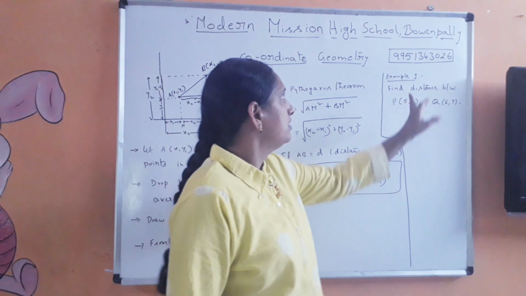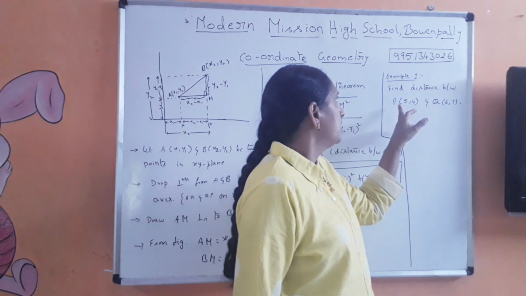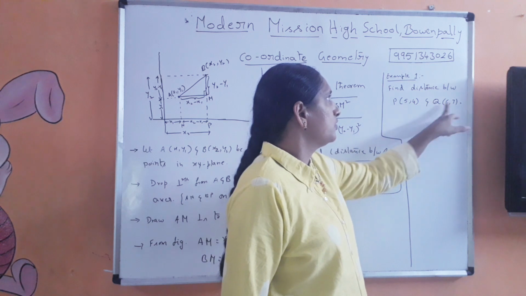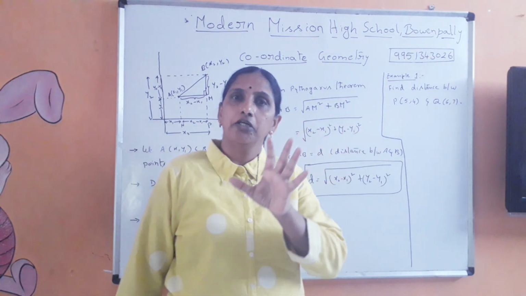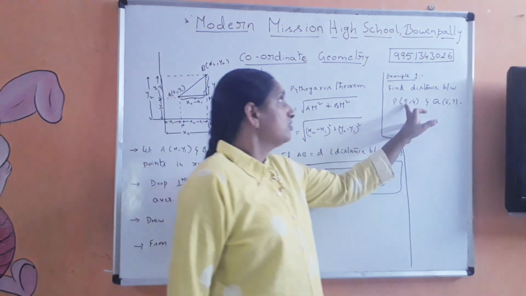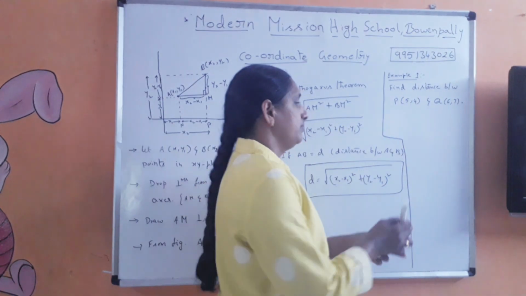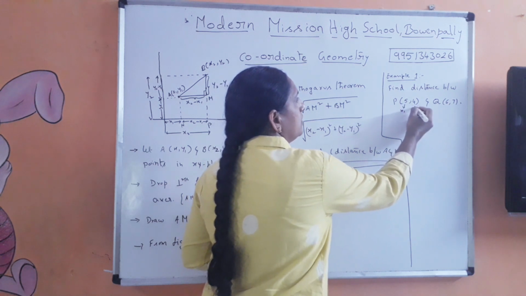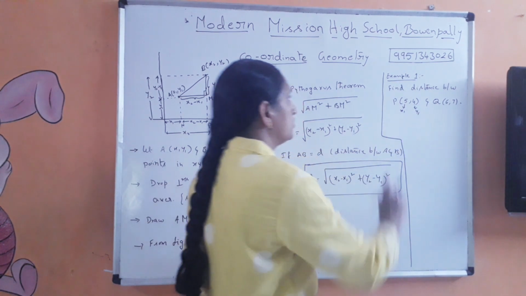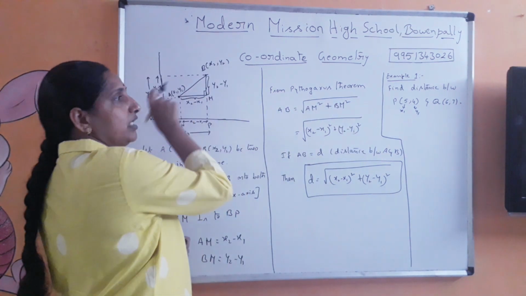As an example, find the distance between P (5, 4) and Q (6, 7). So what are the 2 points given to us? P and Q. In place of 5 it is x1, this is y1, because you have considered A to be (x1, y1).